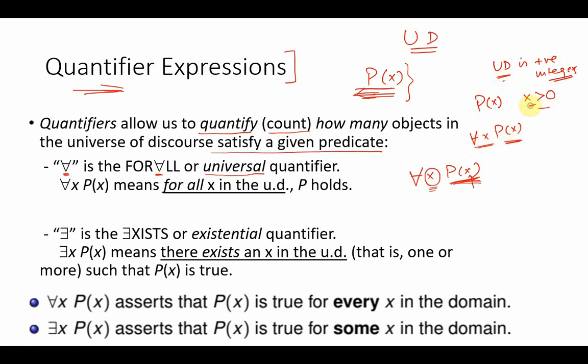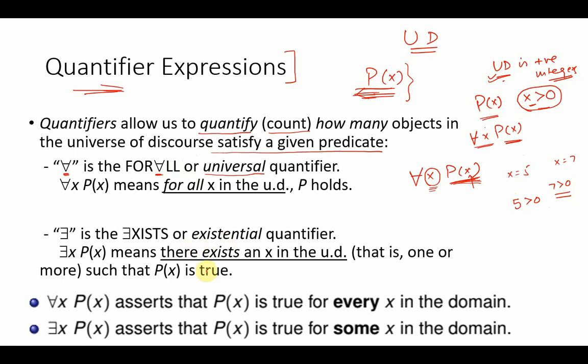If x is equal to 5, then 5 is greater than 0, it is true. If I take x is equal to 7, 7 is greater than 0, once again it is true. So for any and all values of x from this universe of discourse, this predicate will be true. This is what is meant by the universal quantifier.